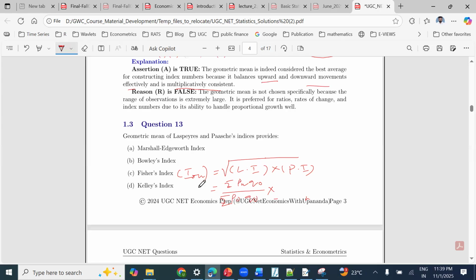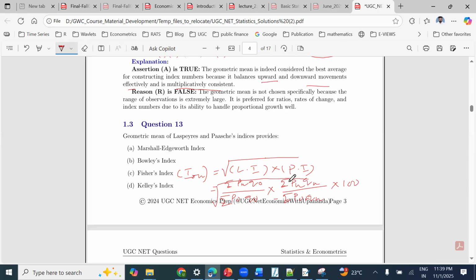I'm asking actually the other part, the Paasche's index formula. Summation PnQn divided by summation P naught Qn. Very good. Sir, into 100? Then the square root of only this part, and then into 100. Okay, sir.